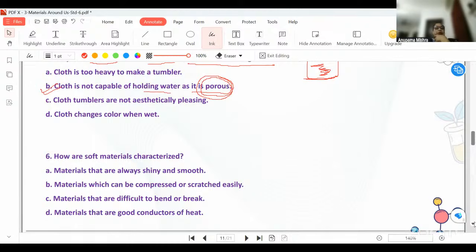Fifth one is B, sixth one is also B. Materials that can be compressed or scratched easily are the soft materials. In hard materials, they are neither compressed nor scratched easily. Yes, you all are correct. Very good.